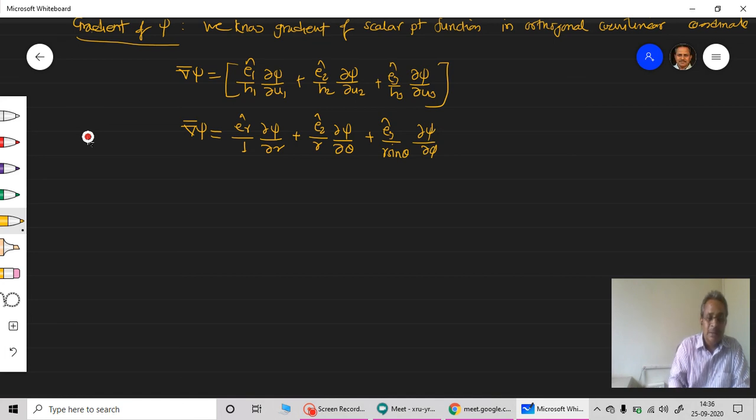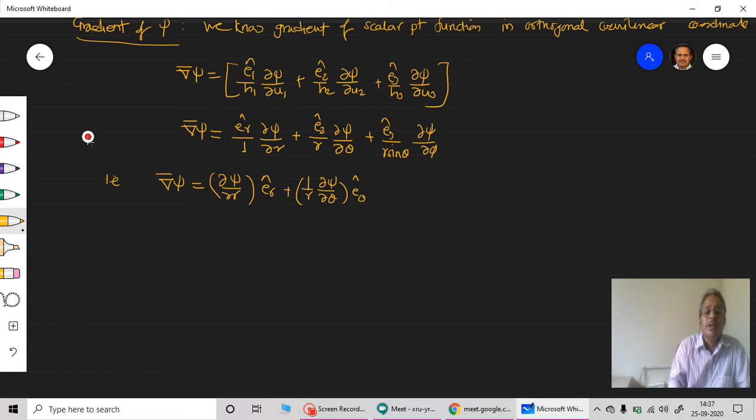Okay, I'll write it in component form. We can write grad psi, or gradient of scalar point function psi, in the spherical polar coordinate system as: first, ∂psi/∂r multiplied by e_r cap, plus second, 1/r times ∂psi/∂theta into e_theta cap.